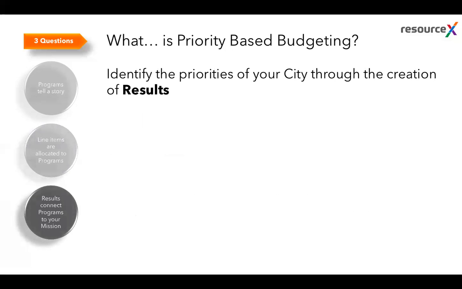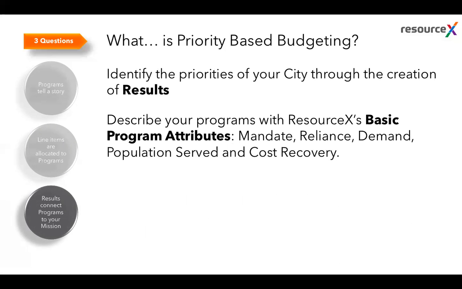So you all have a set of unique results that are specific to the City of Lawrence. Then we also have a set of basic program attributes that ResourceX provides. This is to help further describe your programs and are typically data points that aren't captured in a strategic plan or a business plan that was used to create the set of results.